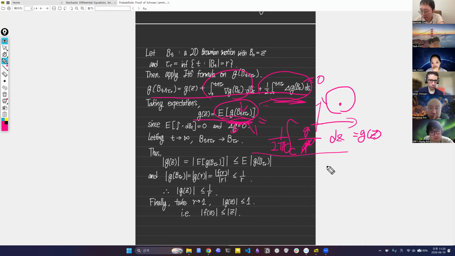It is related to the Cauchy integral formula, I guess. So the proof through the probability method is the proof through Gauss's inverse.